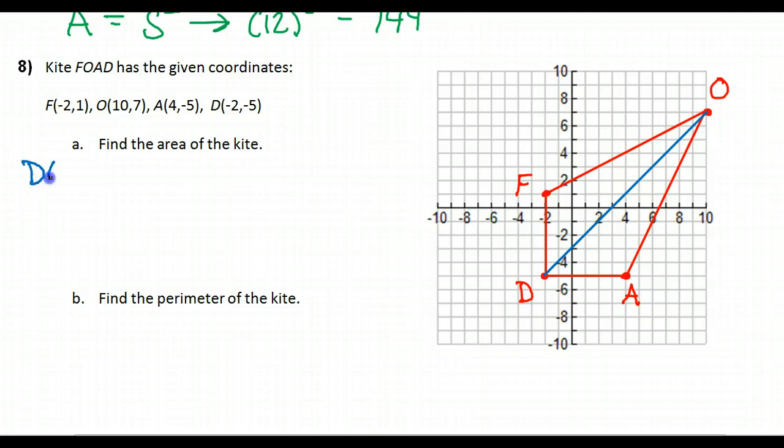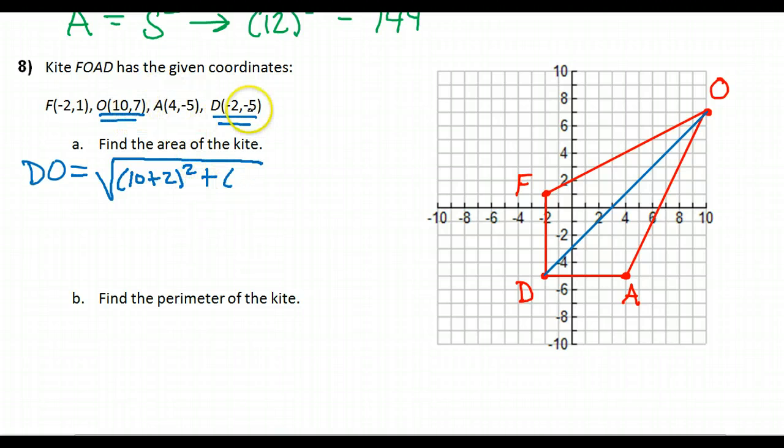So DO, why did I put a Q? Okay, there's that Dairy Queen again. DO, if we want to find that length, we will just simply use the distance formula. Okay, using points D and O. So x minus x, so 10 plus 2 squared.